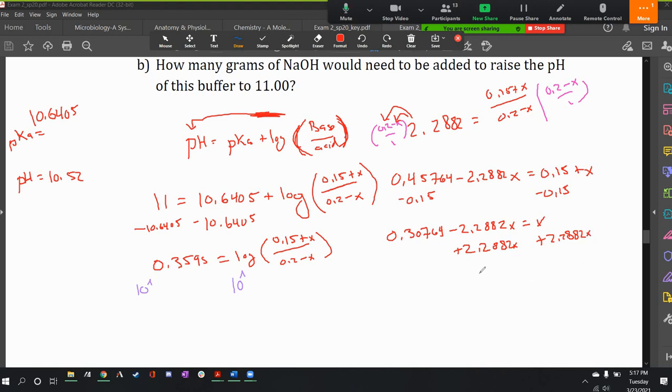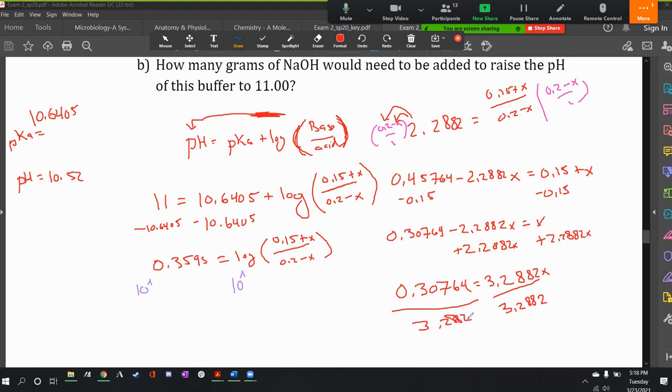So 1x plus 2.2882x is 3.2882x. Cool, so we get 0.30764 equals 3.2882x.